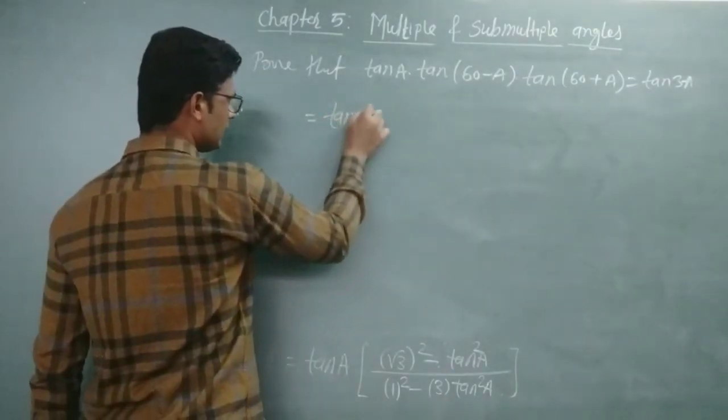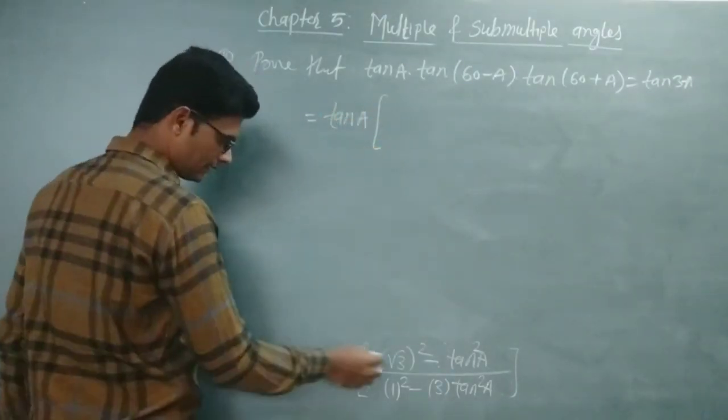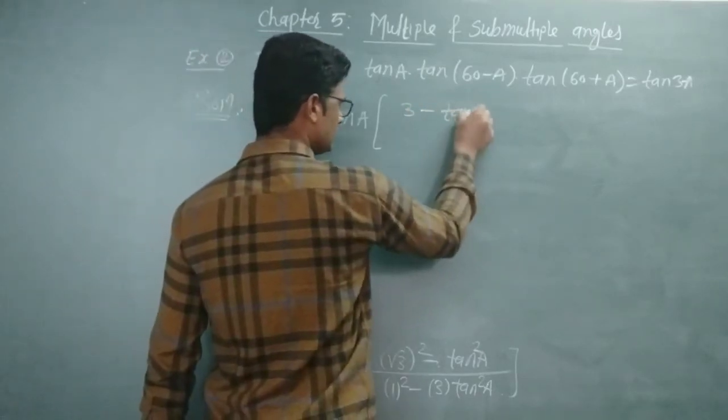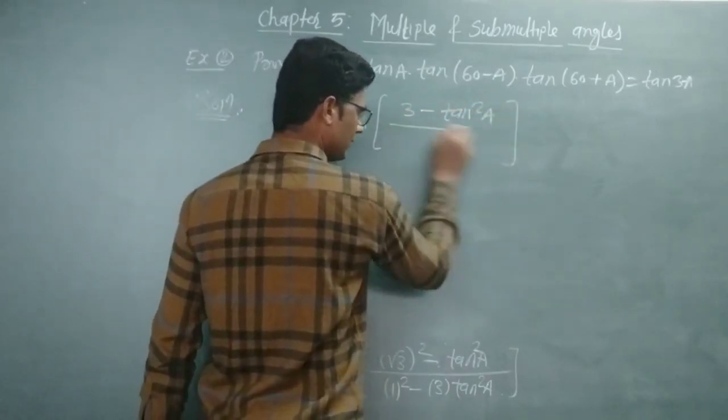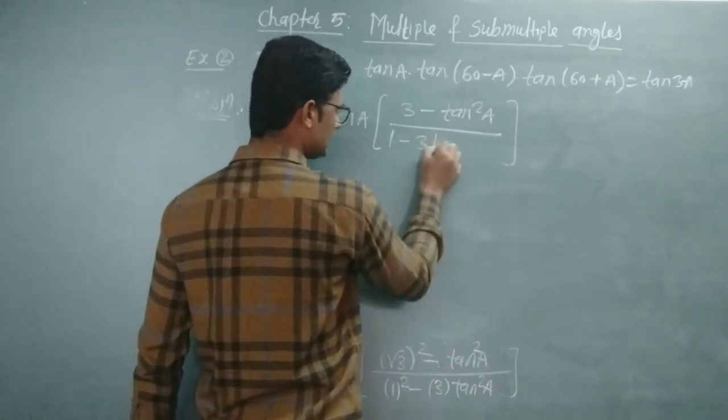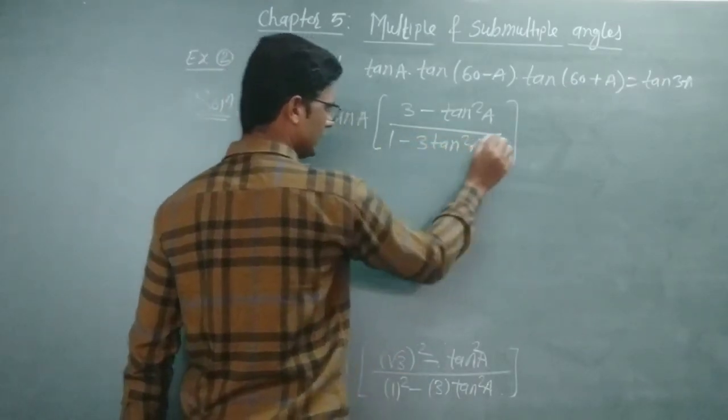So what you will get? Tan A, root 3 square is 3 minus tan square A divided by 1 square is 1 minus 3 tan square A.